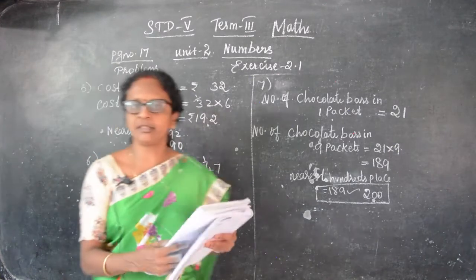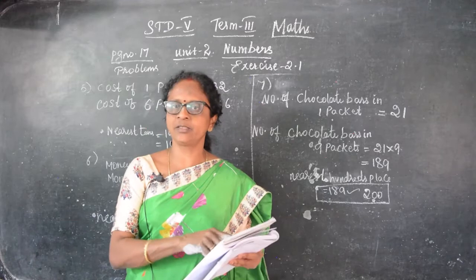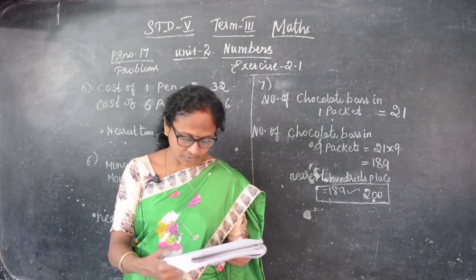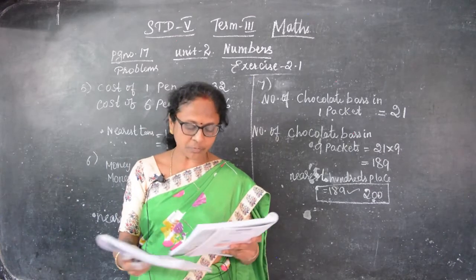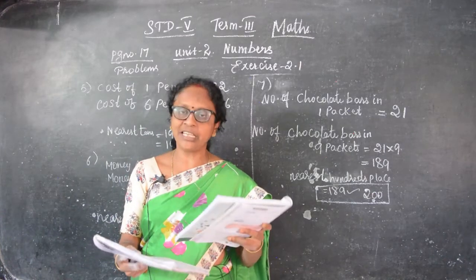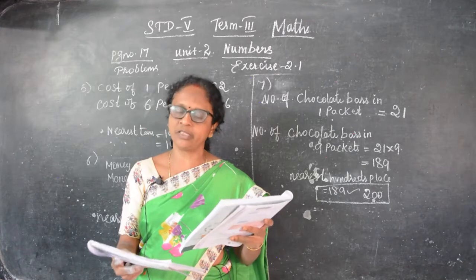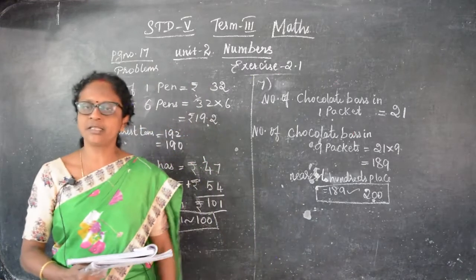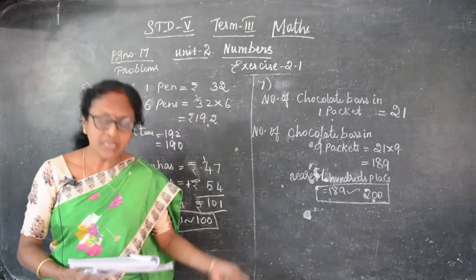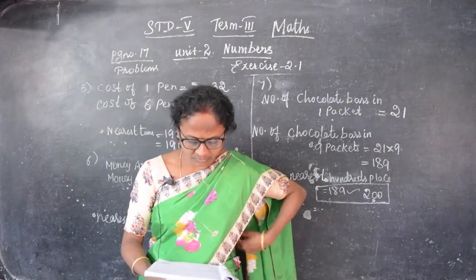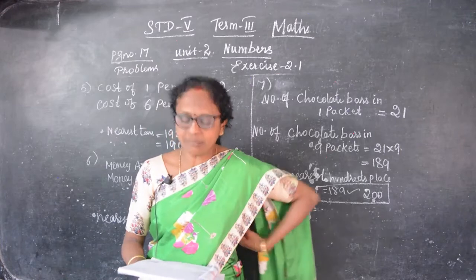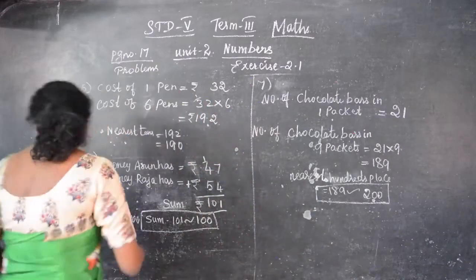So you have to see whether it is a nearest tens place or a nearest hundreds place. So 132 peanut candies are distributed equally among 12 students, that is, you have to divide. So in these sums you have to see whether you have to add, difference means minus, and then equally shared means you have to divide.